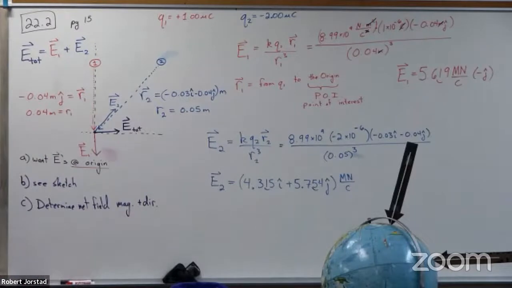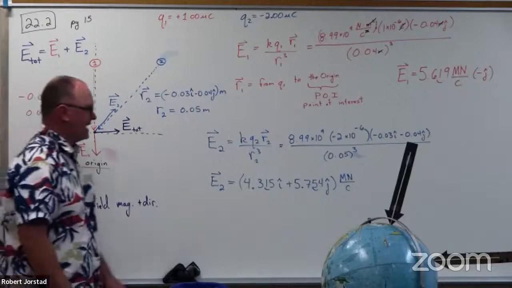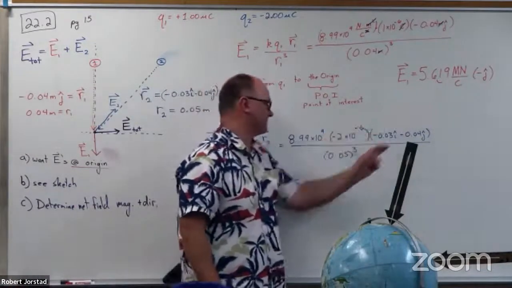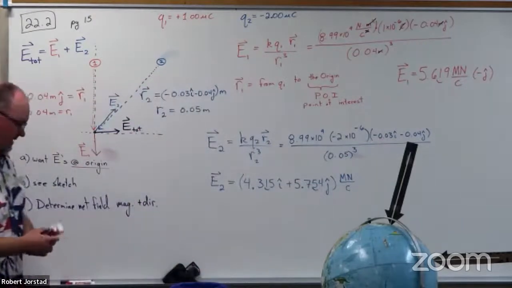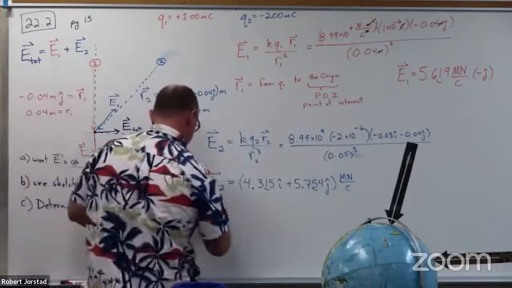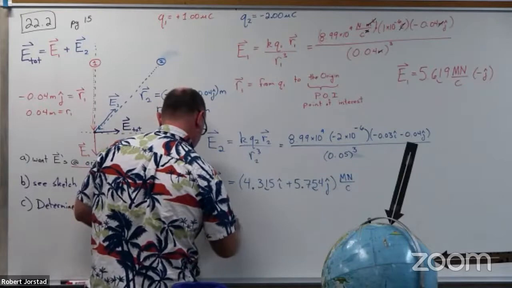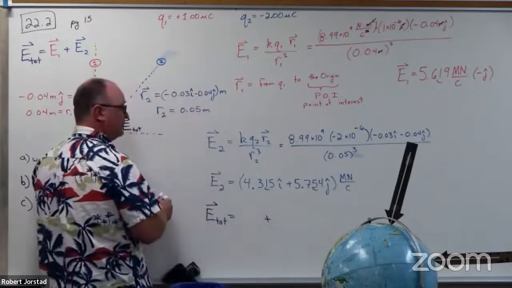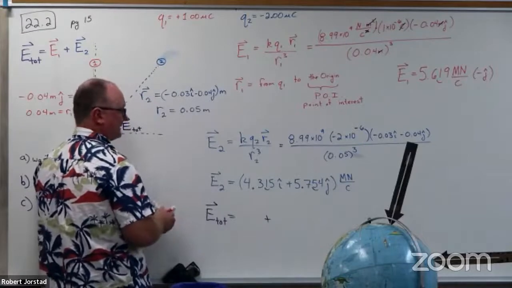All right. Now, at this point, if I want the net field magnitude and direction, I do the same process as last time. I have to add the i's with the i's. I have to add the j's with the j's. And when I do that, what I'm saying here is I add the two vectors, then get the magnitude.